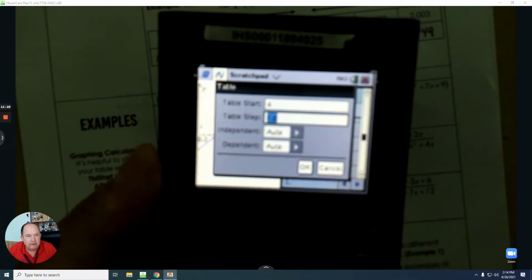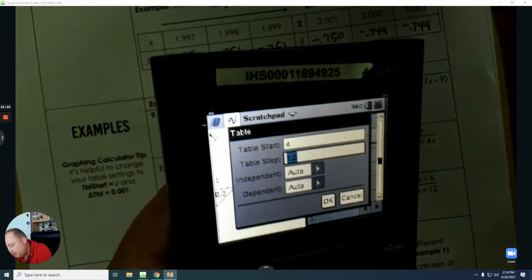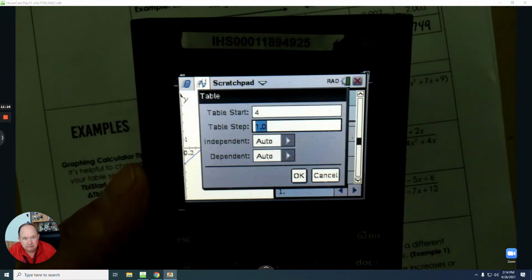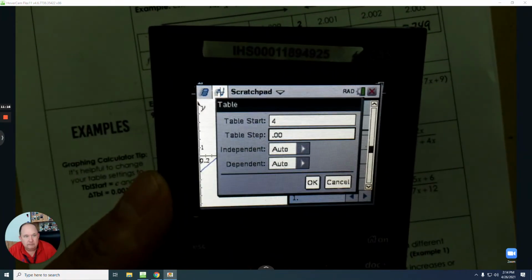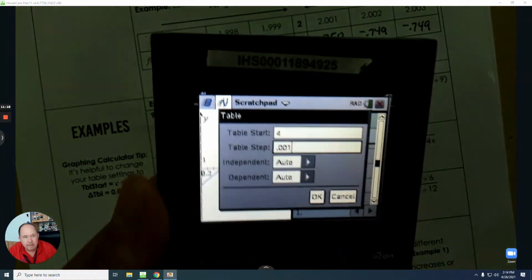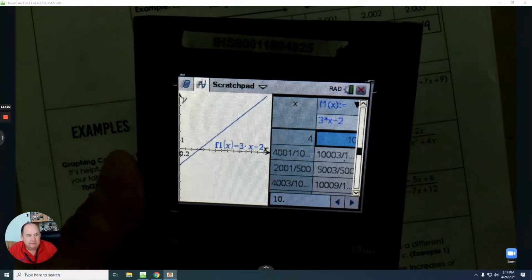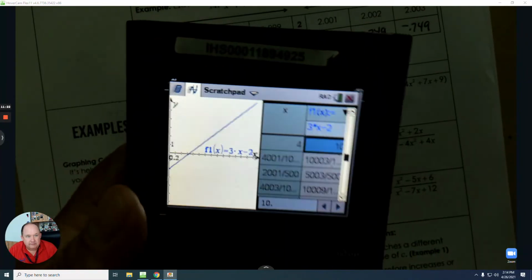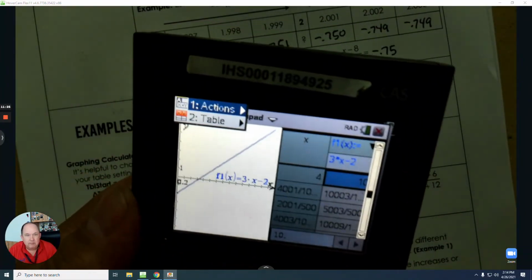Then they said change the table settings to 0.001.